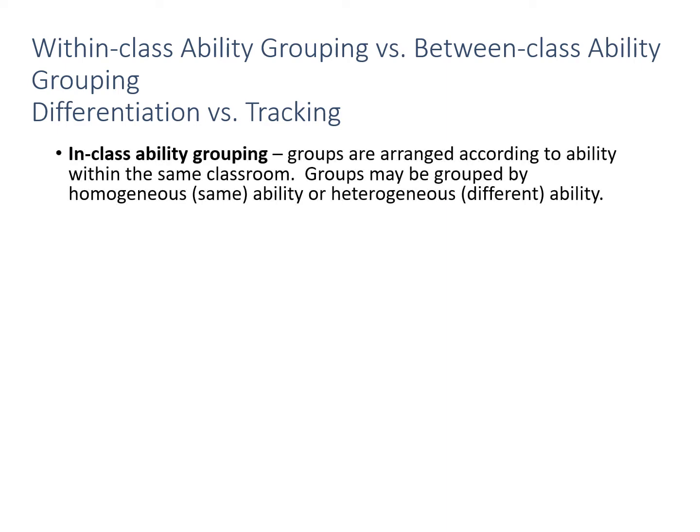In-class ability grouping means when groups are arranged according to ability within the same classroom. Groups may be grouped by homogeneous or same ability. That word homogeneous is just another word for the same, or heterogeneous by different ability. So for example, this would be if you're teaching reading and you want to group students together that have similar reading levels.